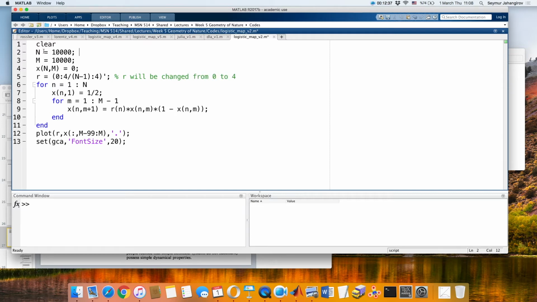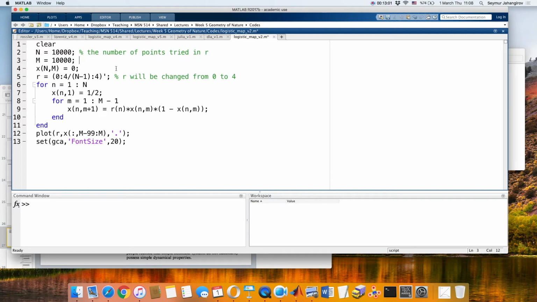This n is, what should I call it? The number of points tried in R. Do you understand? Like R is separated into n points when you go from 0 to 4. Okay?